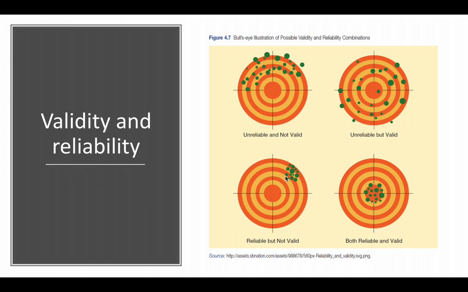And the left corner down here, you'll see this is close to each other, but it's far away from the center. So which means this is reliable, right? Because you do it multiple times, it's all shots over there. However, they are not in the center. So that means they are not valid. So reliable, but not valid.